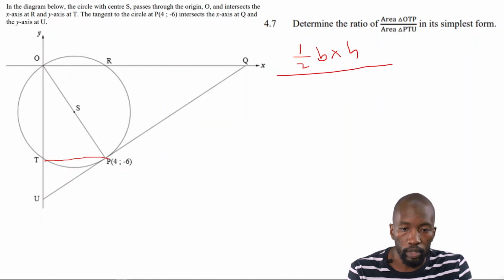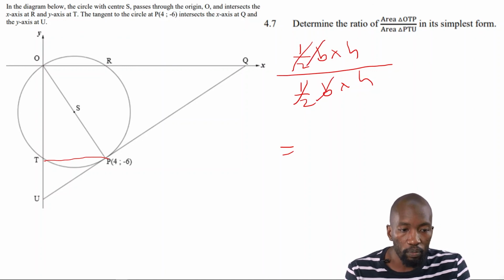Over PTU, which is also going to be half base times height. And that is just the same as, now this cancels that, right? So they have the same bases, remember? Now this base is going to cancel that base, but the height of OTP is something different, right?